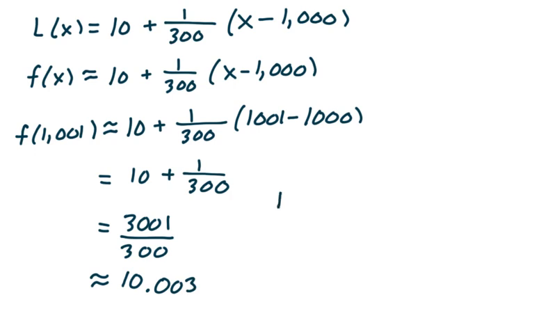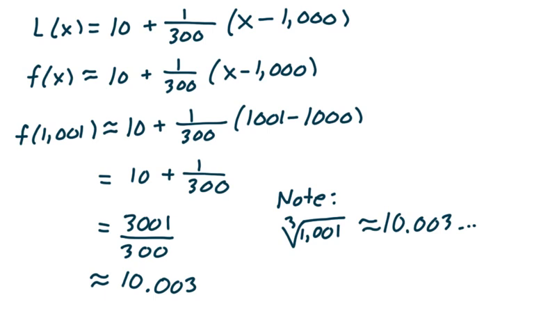Now, one thing to note, if you put the cube root of 1001 into your calculator, I get approximately 10.003. So this is accurate at least up to 3 decimal places. So it's really, really helpful.